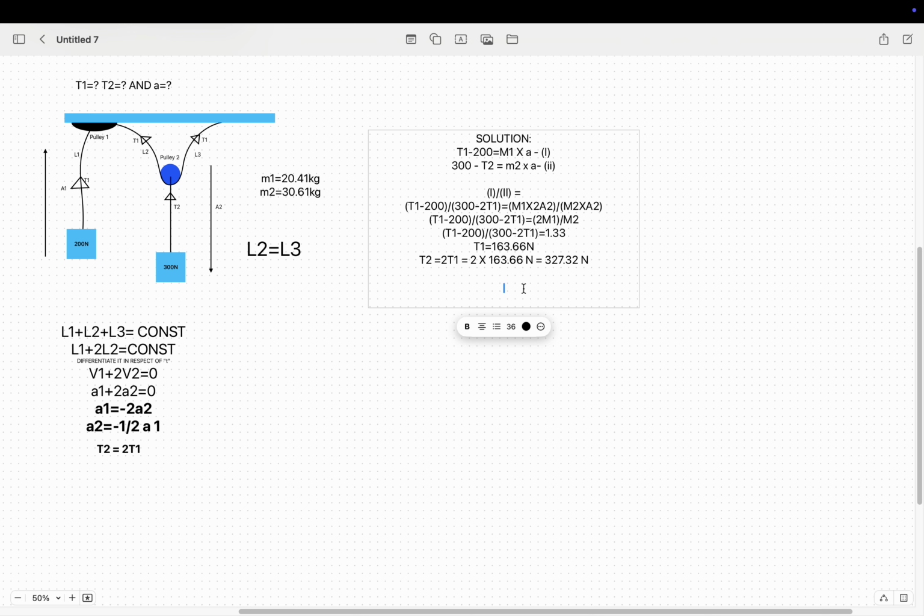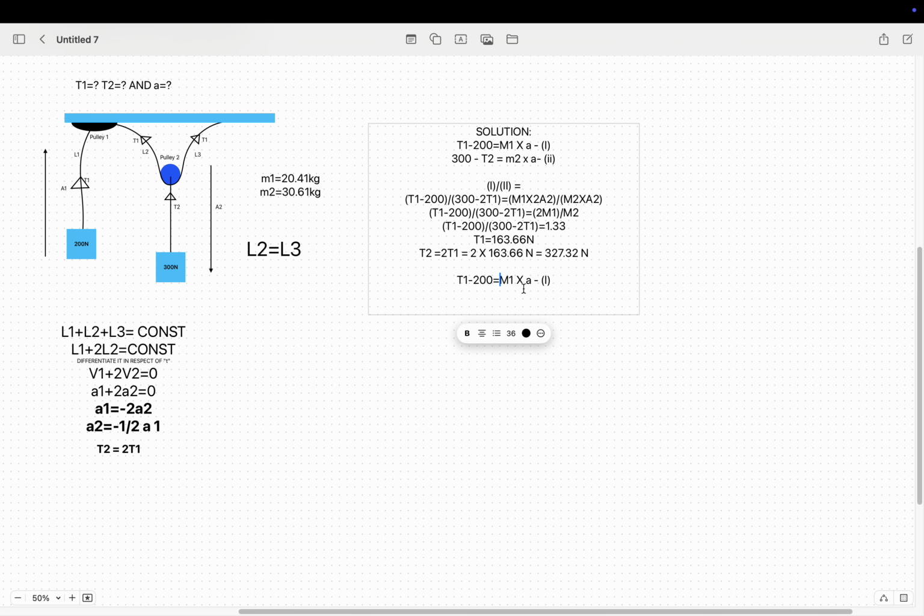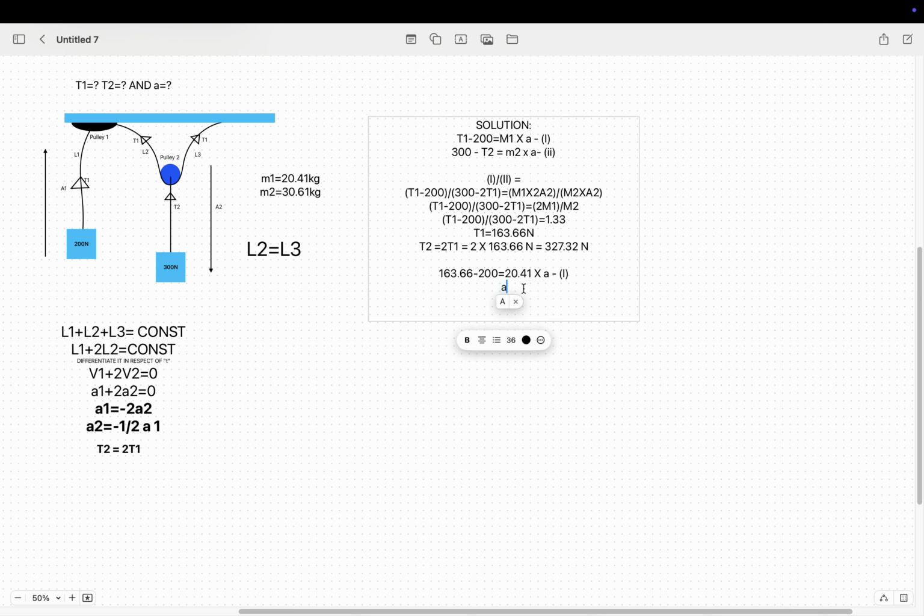So if we satisfy our T1 value, the T1 is 163.66, and the m1 is 20.41. Now the acceleration will be minus 1.78 meter per second square.